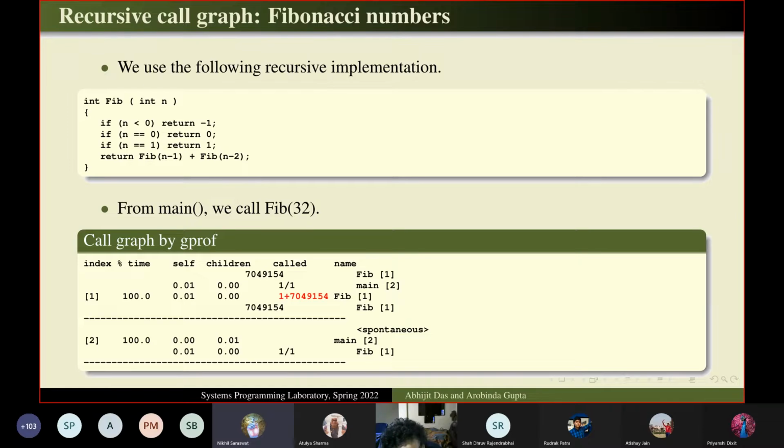You should know about your algorithms. Yes, a linear time algorithm we can write, remembering the previous two values. Yeah, so that is one possibility, replacing recursion completely by iteration.